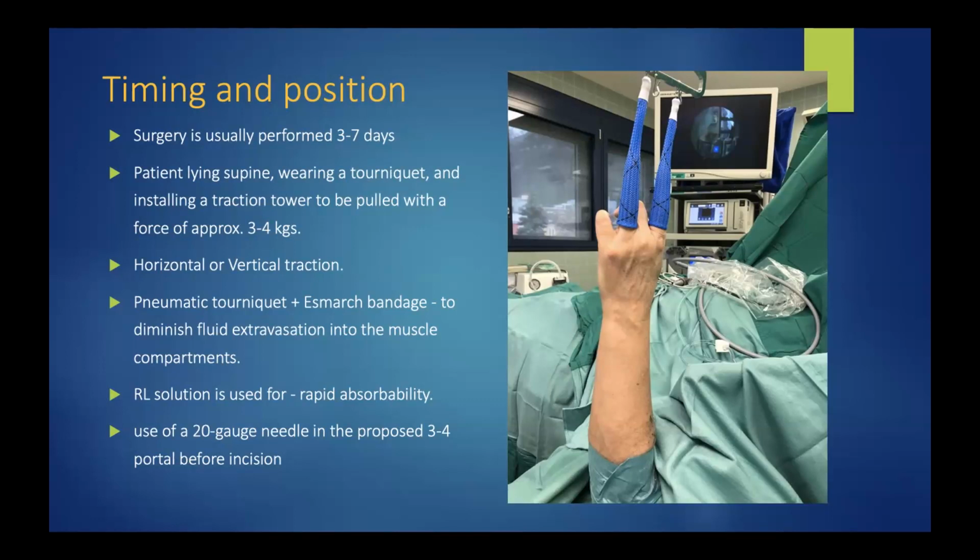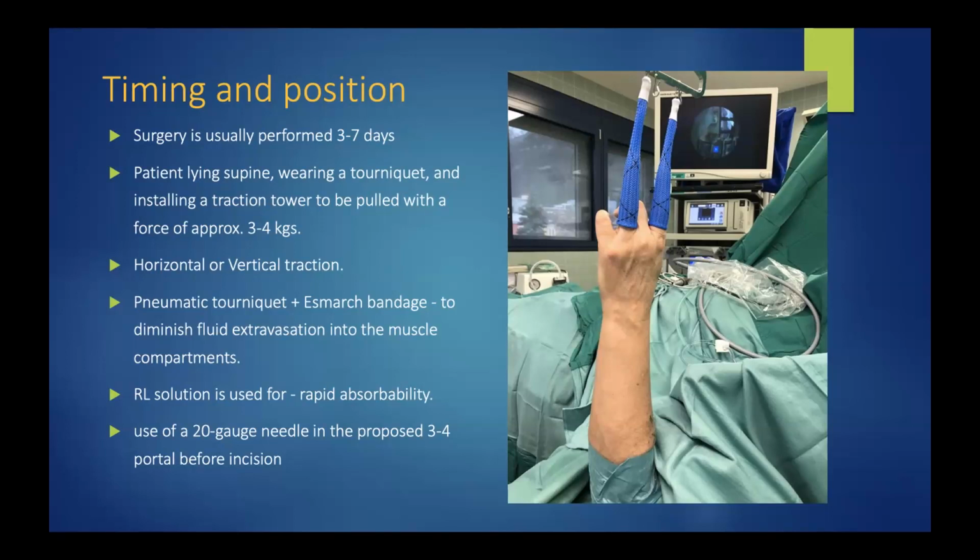And there is a pneumatic tourniquet with Esmarch examination that is needed. Otherwise there is a high risk of fluid extravasation into the muscle compartments, which can cause compartment syndrome later on. And Ringer's lactate solution is the best solution to use because of its rapid absorbability.